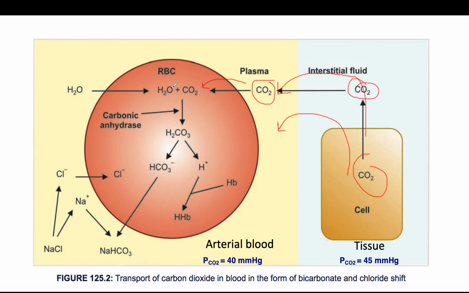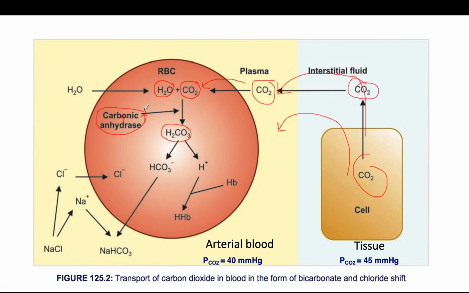So bear in mind that in our red blood cells, going back to the reaction I mentioned earlier, there are water molecules. This carbon dioxide likes water, so it will bond with the water molecule and form carbonic acid. But bear in mind, I did mention that this carbonic acid is actually unstable. This process can occur by itself, but it can speed up when carbonic anhydrase is present.